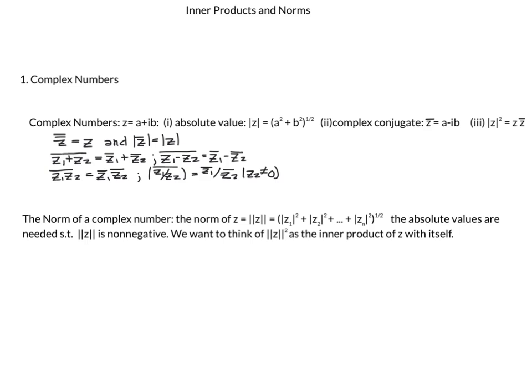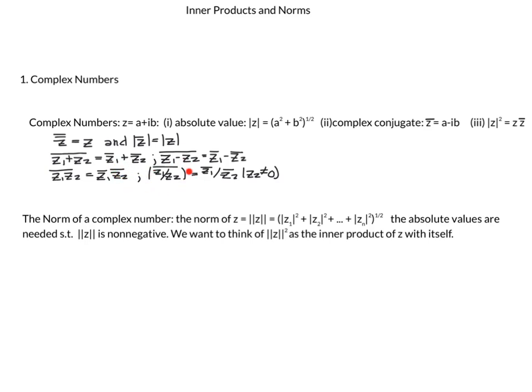You'll also see that the complex conjugate of z1 plus z2, you can break that up into the complex conjugate of z1 plus the complex conjugate of z2, similarly with the minus sign. And when you have multiplication, the complex conjugate of z1 times z2 is equal to the complex conjugate of z1 times the complex conjugate of z2.